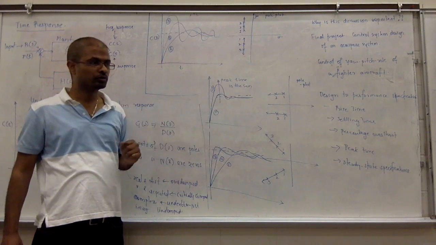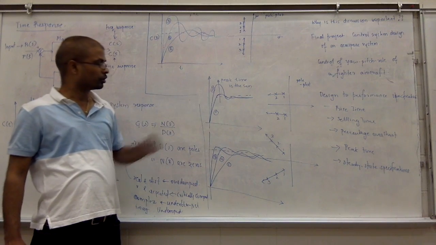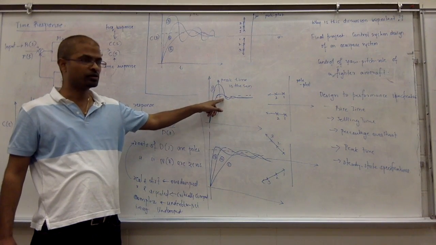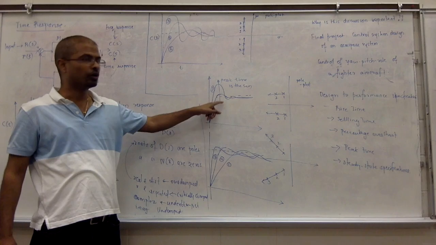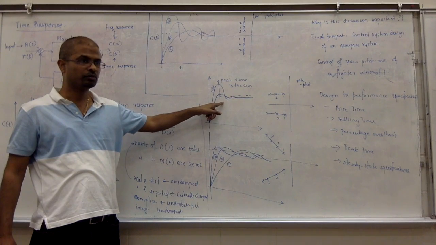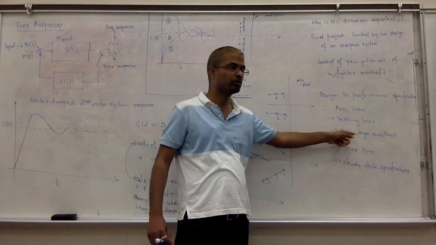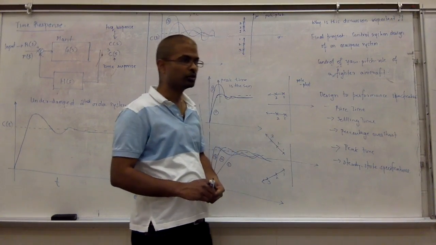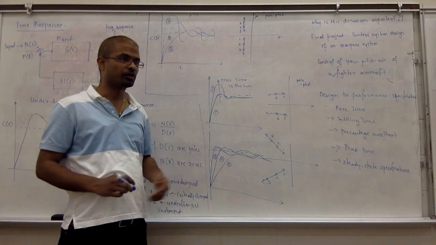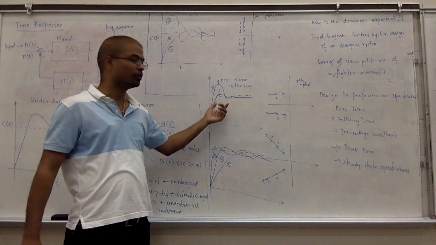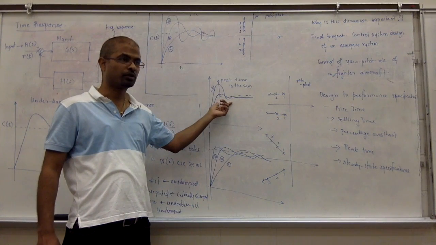What are you going to do? You are not going to try and do this, right? If you do this, what is going to happen? Although you may meet the rise time, the percentage overshoot may go out of the specifications. You are not allowed to go over a particular percentage overshoot. So you will not use this.